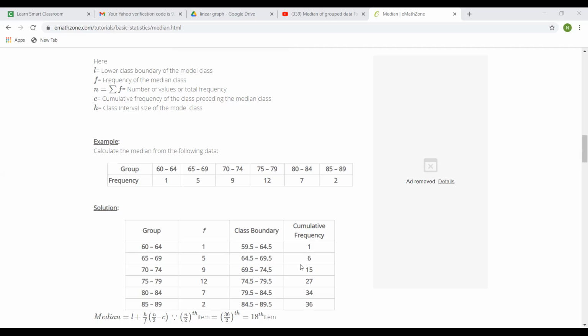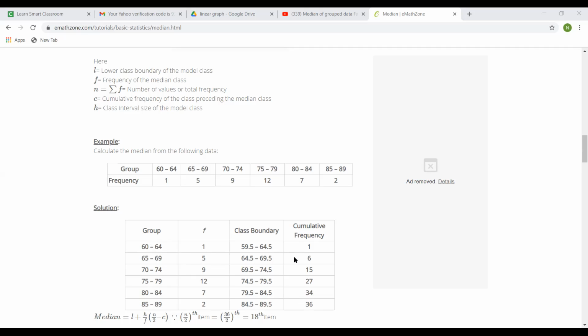Cumulative frequency means how many students or items are covered that are less than 64. So there is only one value which lies between 60 and 64. And how many values are less than 69? Out of 36, how many values are covered under 69.